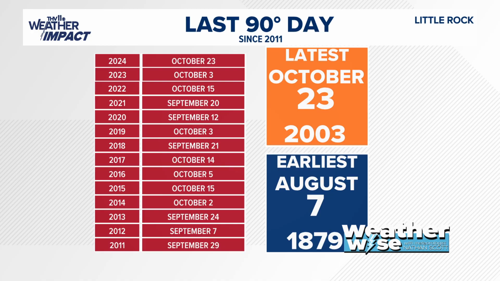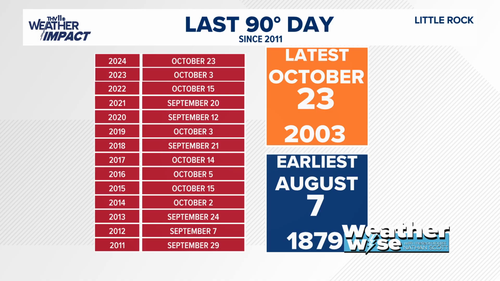How about the last 90 degree day? Well, last year it was October 23rd. The year before that, October 3rd. 2021 was September 20th. 2020 was September 12th. And looks like that was the earliest before 2012. It was September 7th.